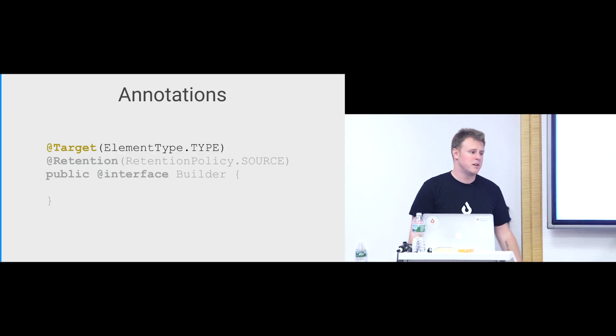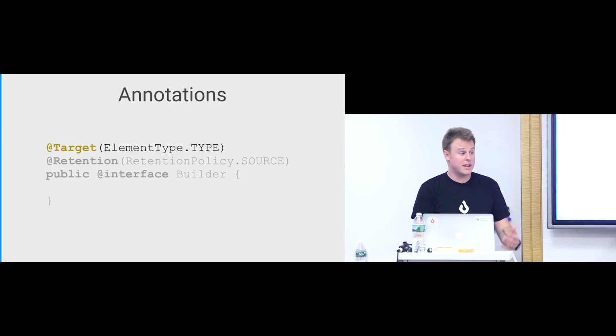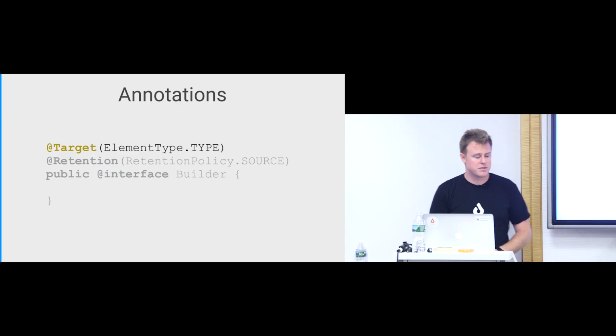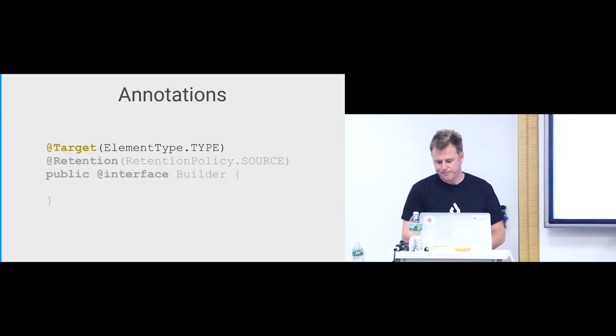TYPE is a high-level type, and what that means is classes, interfaces, enums, any of those enclosing types, right? And then you have things like METHOD, FIELD, PARAMETER. Those are all choices for the target. And you can have more than one target. Inject is a good example: you can put it on classes, methods, parameters, all sorts of stuff.